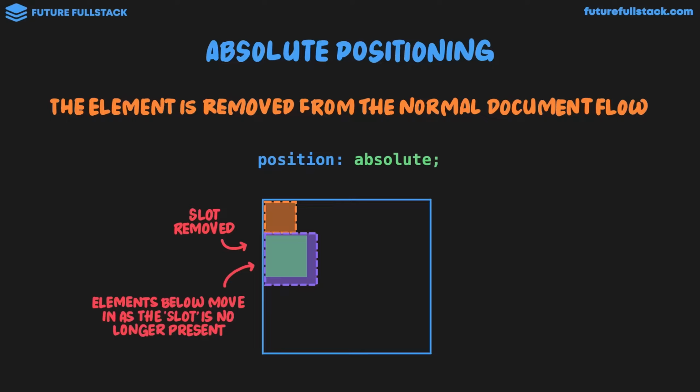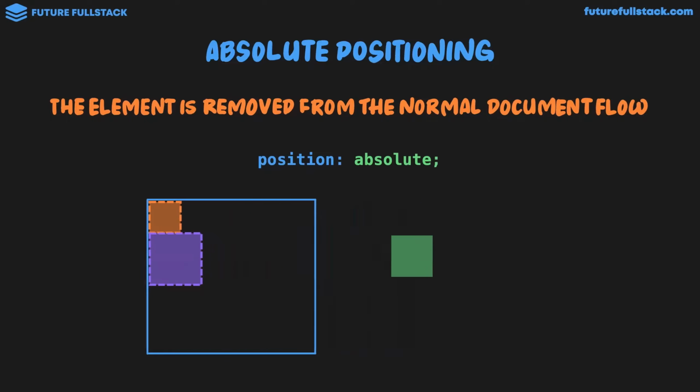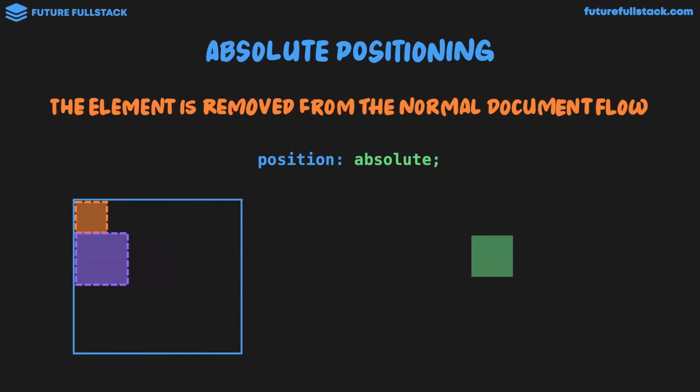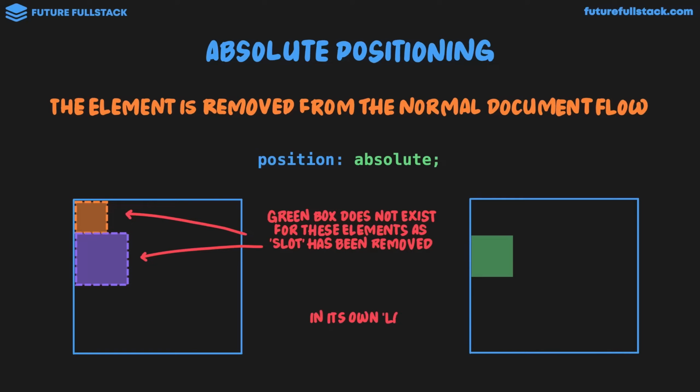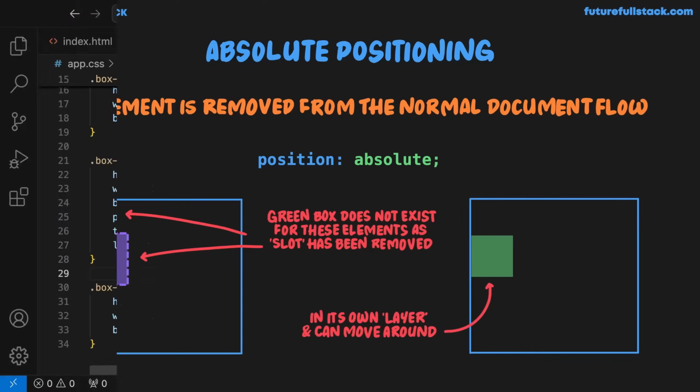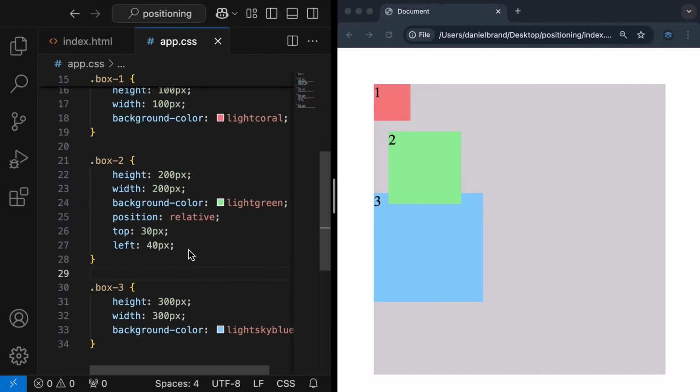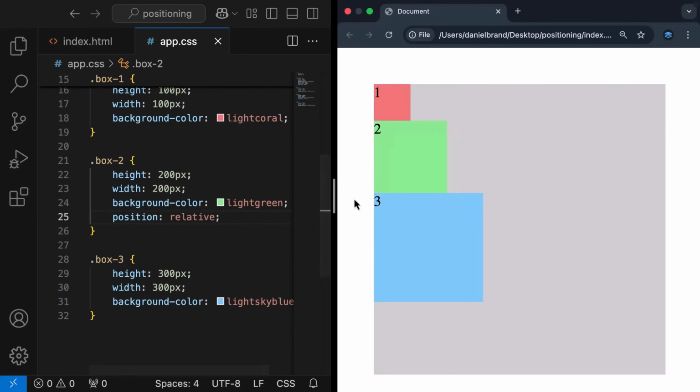So just like relative positioning, our green element is in its own layer now. Where in our first layer, the green box does not exist for these elements as the slot has been removed. The green box is in its own layer and can move around, using the same offset properties. So let's jump into VS Code and play around with this. I'm just going to remove the offset properties on box 2, and I'll refresh to get the element back in its original position.